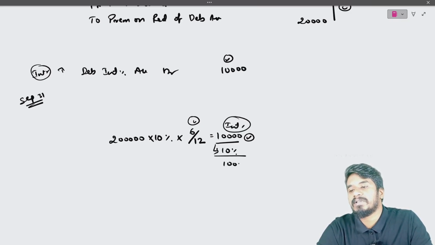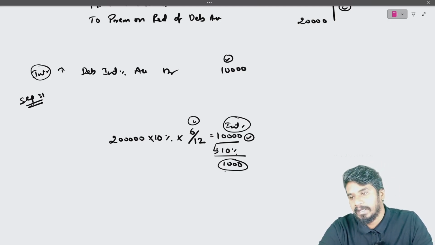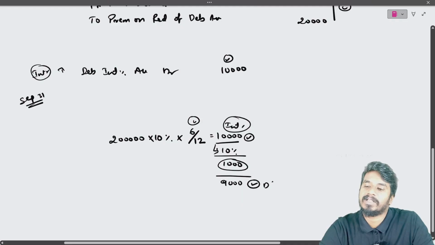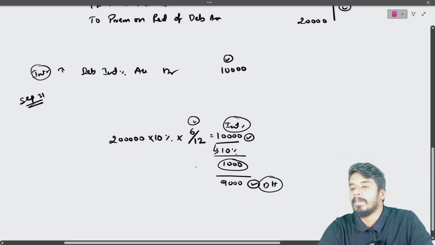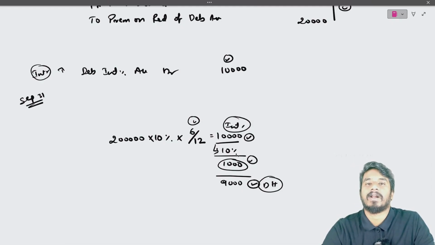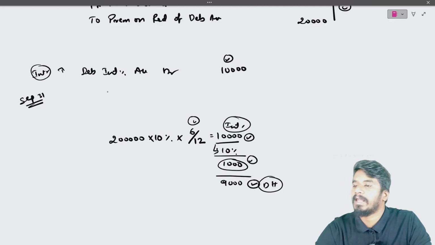Correct. So 10% means 1,000 rupees government tax. Then the remaining 9,000 we will pay to the debenture holders. Correct? Yes, fine. So if we are collecting from the debenture holders and paying to the government, which will create a liability.